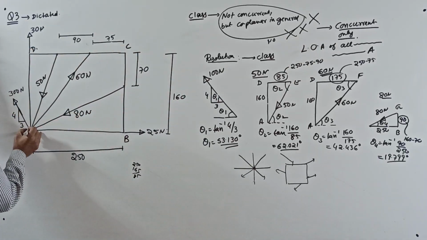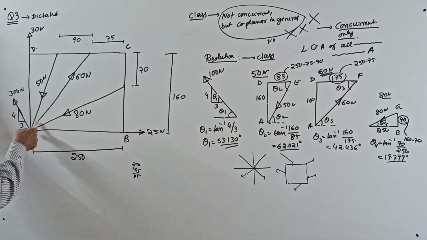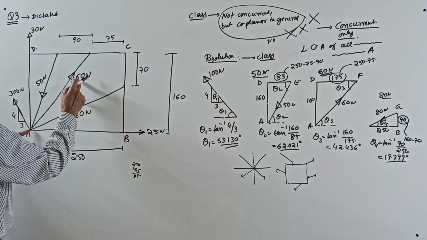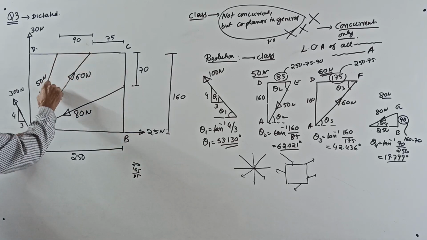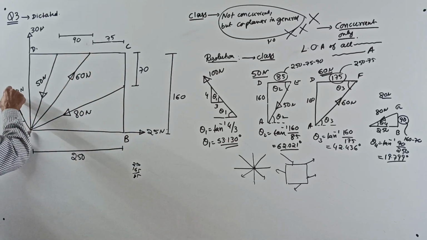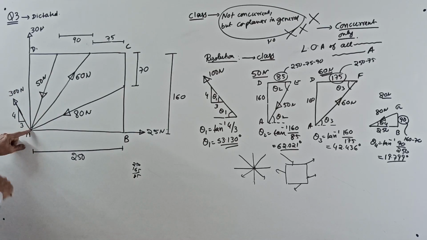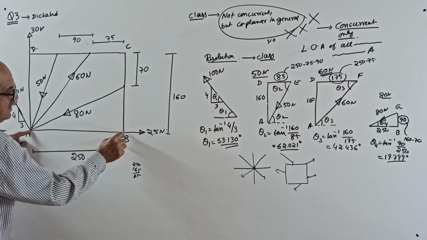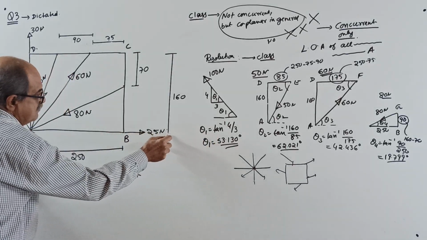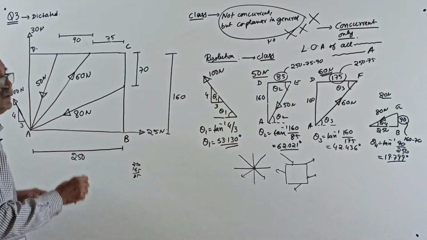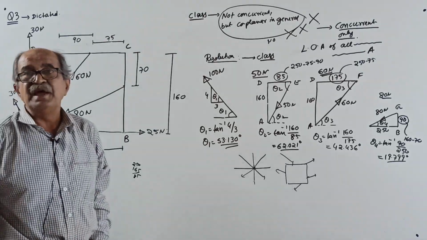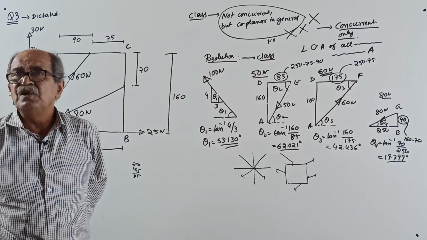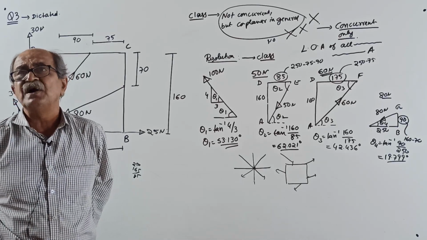The 80 Newton force passes through A. The 60 Newton force passes through A. The 50 Newton force also passes through A. The 300 Newton force also passes through A. The 25 Newton force is here, but see its line of action. In a concurrent force system, the line of action of all the forces should pass through a common point.